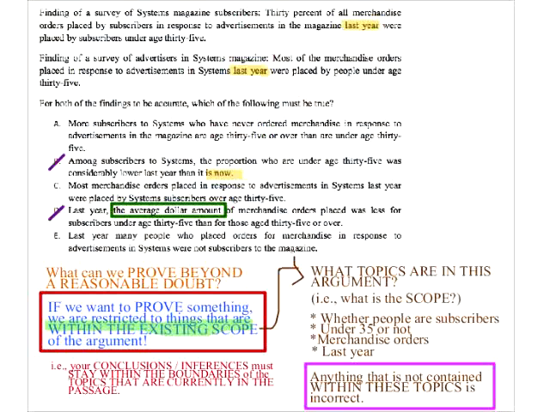And people who have never ordered merchandise, that's, again, more than just last year. So, also incorrect. Because never ordered merchandise is widening the scope of the question to include any year in which anybody ever ordered anything. So, also not okay.